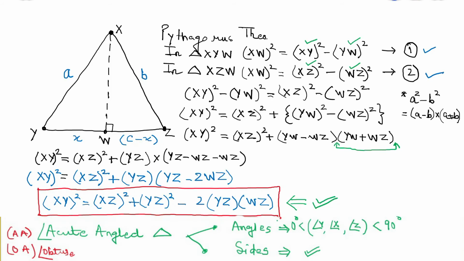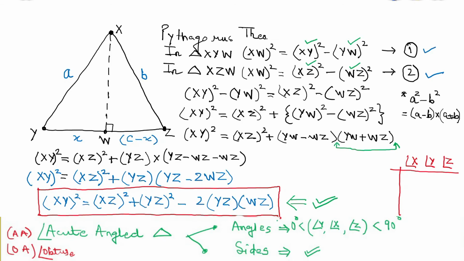Last but not the least, when we are talking about triangles and about angle X, angle Y, angle Z, what can we infer from the discussion that we had in this session?